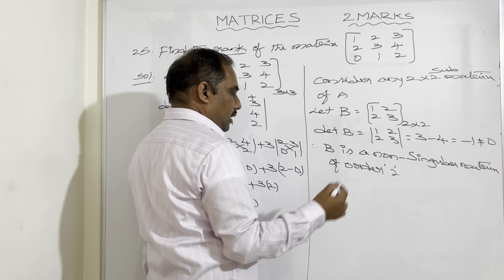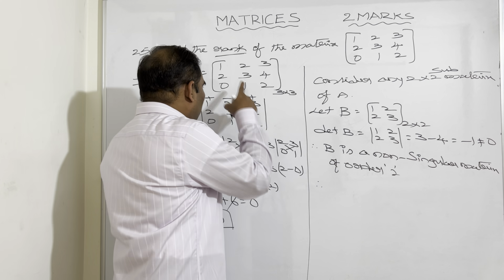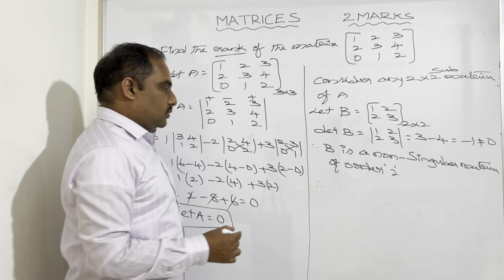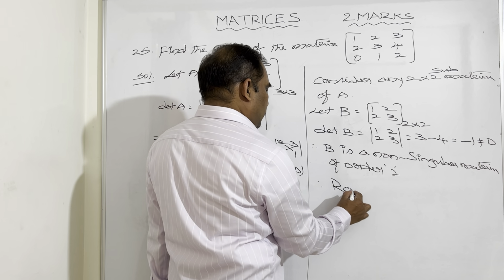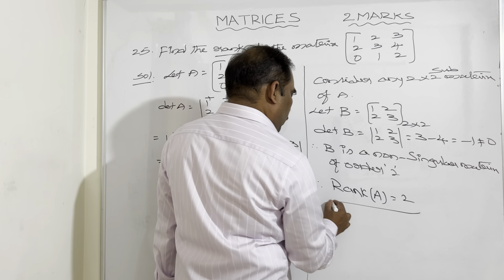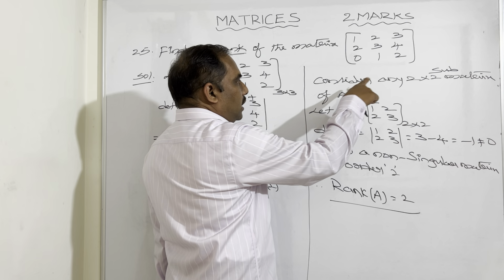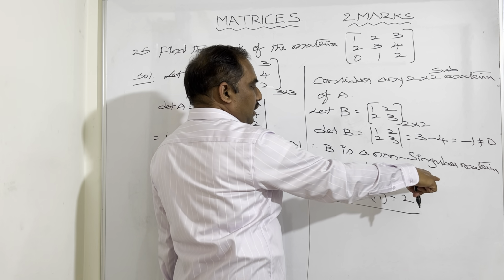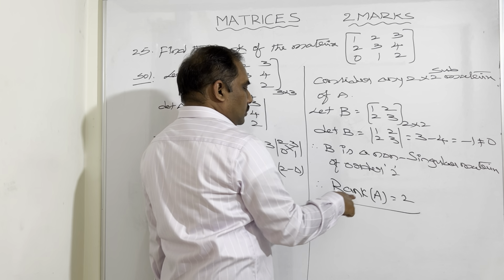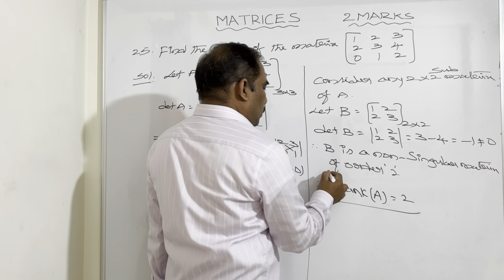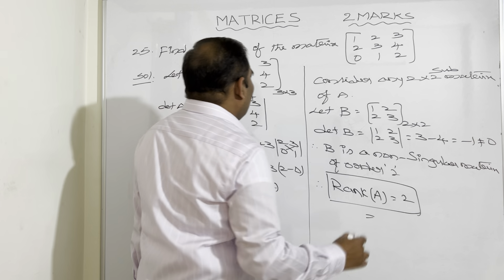Therefore, even though the given matrix is 3 by 3, the rank of A is equal to 2. Why? Because the 2 by 2 submatrix of A is non-singular, whose order is 2. So that's why the given matrix rank is also 2. Like this we can find.